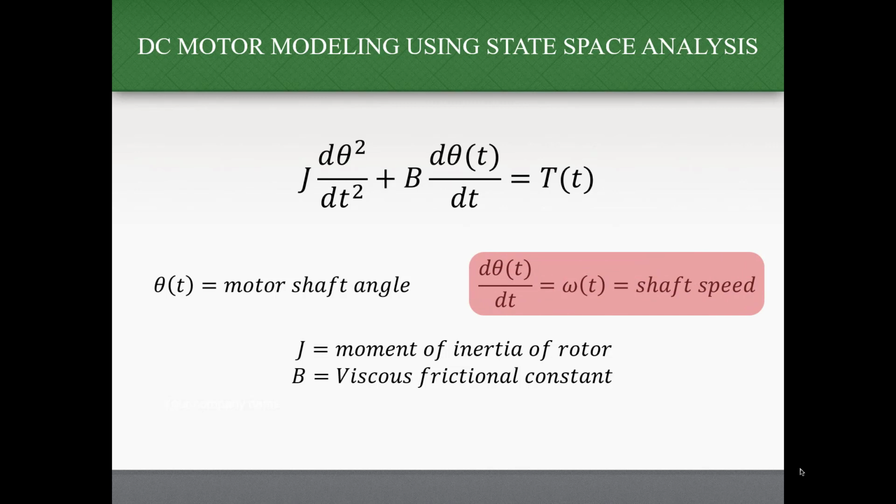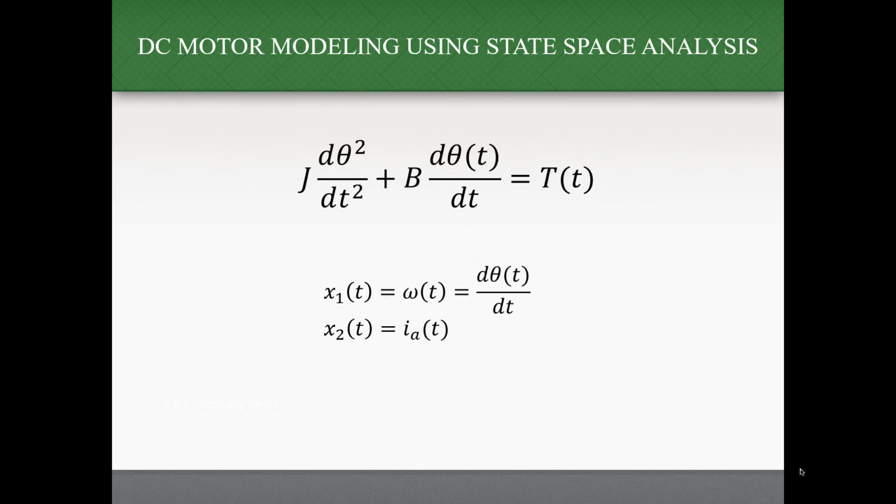Here are the mechanical equations for the DC motor, and shaft speed will be our output. Using these equations we can extract our state space model.